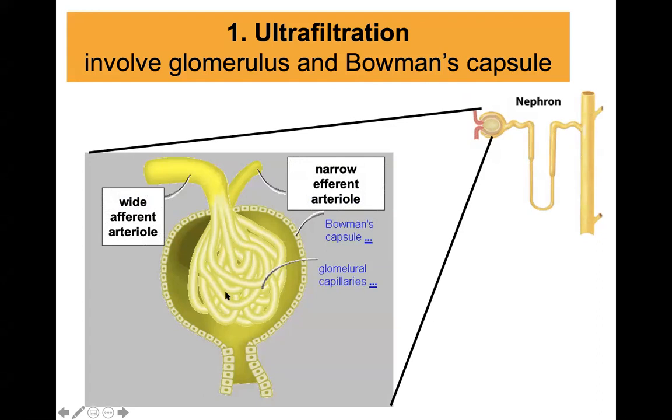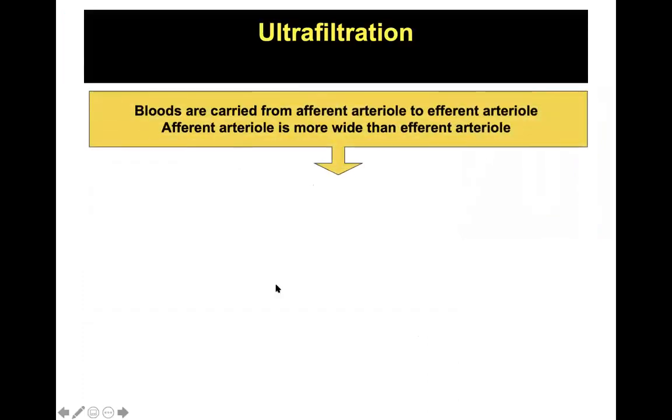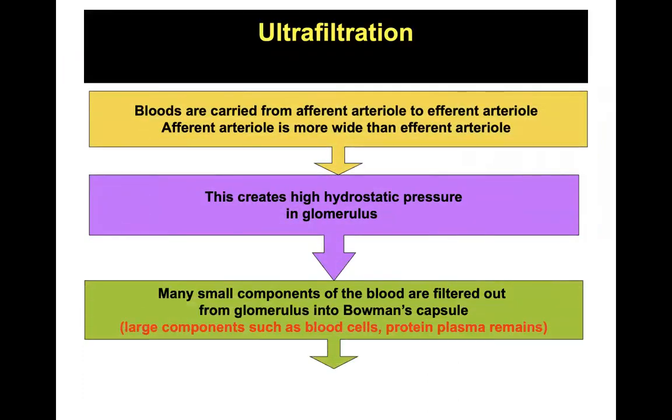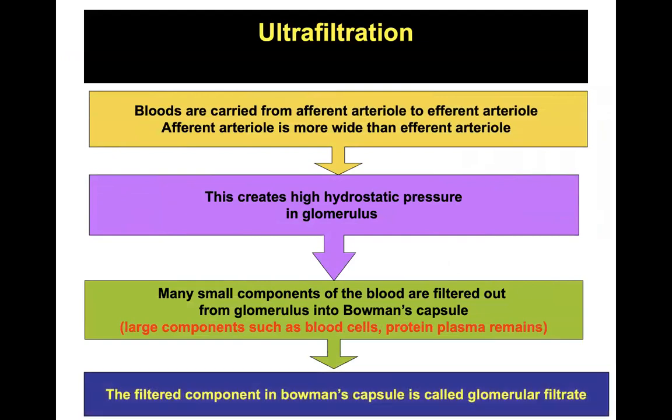As a result, this will create a high hydrostatic pressure that will push small substances from the glomerulus to the Bowman capsule. This is what I have taught you just now. That process is known as ultrafiltration.